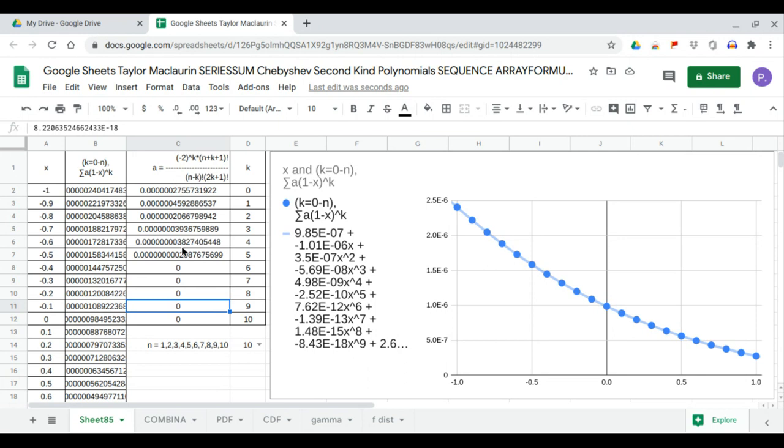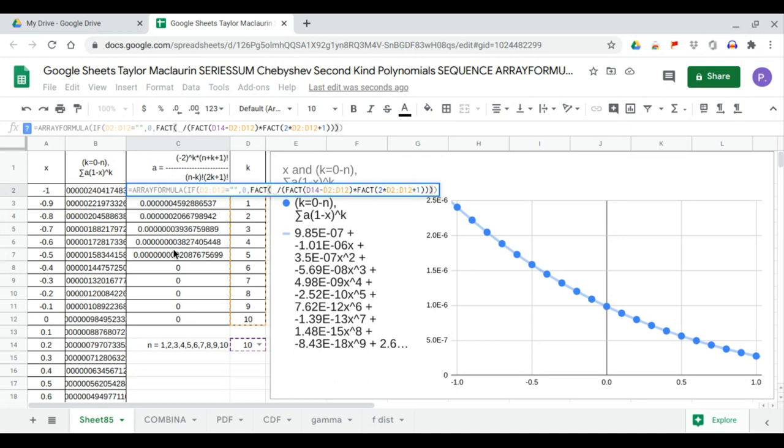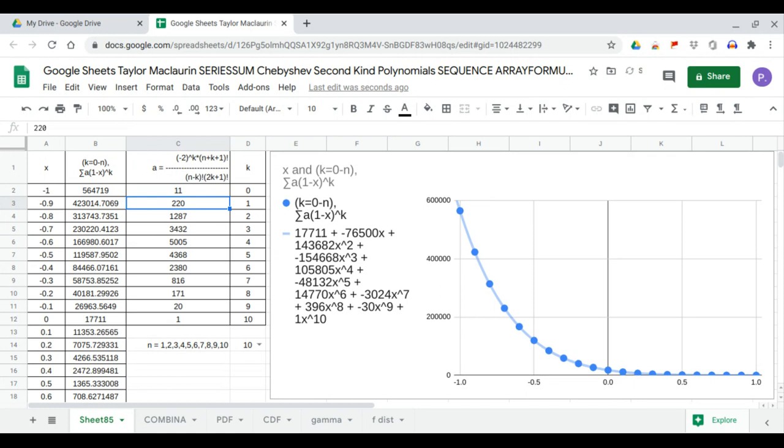So let's try now the numerator part. There are two parts, the factorial n plus k plus 1. So we have factorial n plus k plus 1. That's the first part of the numerator.